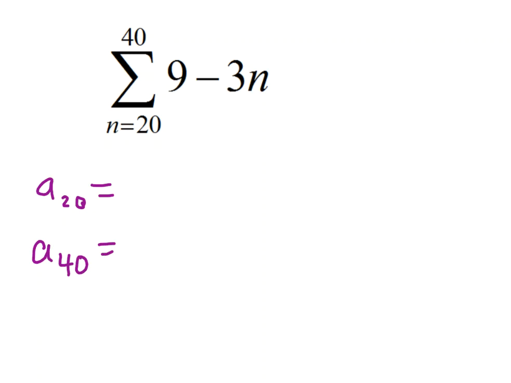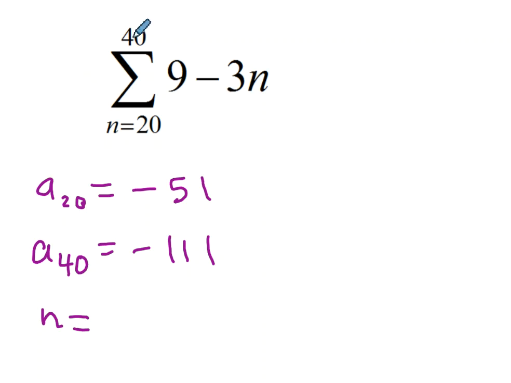So A20 is negative 51. A40 is negative 111. Now the tricky bit is N. Some people want to jump to it being 20 or 40 or things like that.